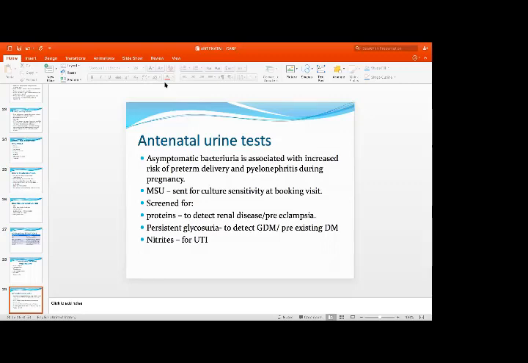Nitrites are used to detect the presence of UTI. If she has a detectable amount of nitrites, then she should be treated for urinary tract infection because it may lead to complications during pregnancy if untreated.